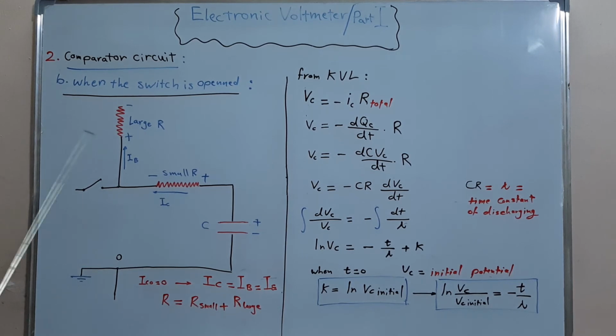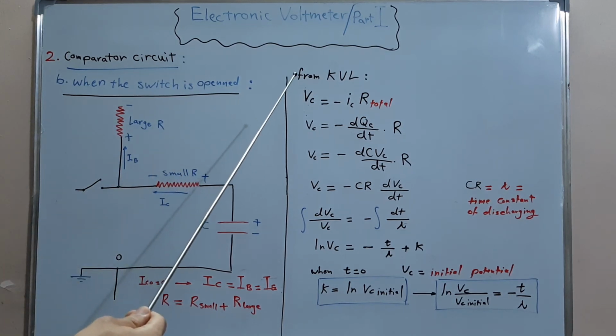So the current in the capacitor circuit and the current in the base circuit, together with the current in the emitter circuit, are all equal to each other. The other thing that we conclude is that the resistance in the whole circuit is equal to the sum of the small resistance and the large resistance.